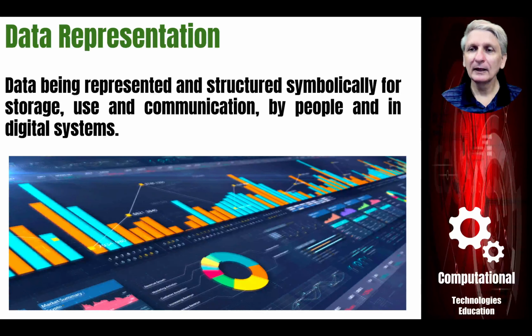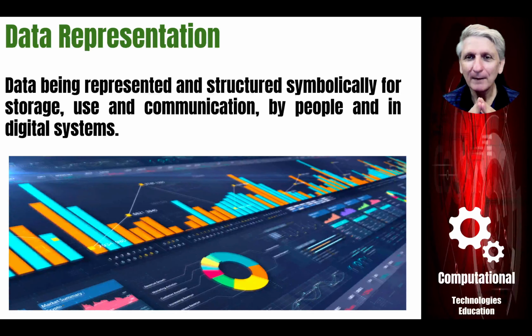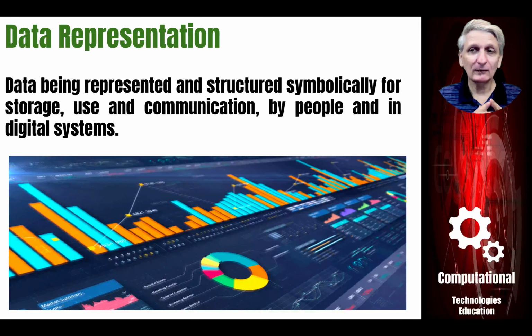We've just made up the symbols, although they're relatively standardized, but we could have used any other symbol that we assigned the value of a sunny day to. We need to be able to represent data in various ways so that it can make sense, not just for people, but also for computers.